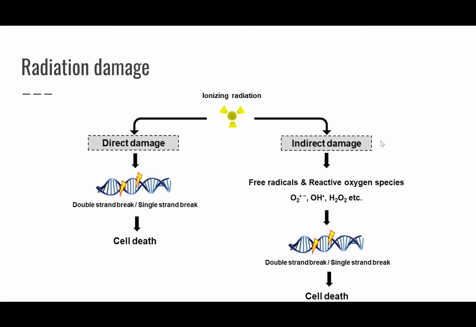Here's a specific example of radiation, right? And so the radiation can either directly damage the DNA by breaking those double strands, right? So here's our double helix. It can be broken. The bonds holding it together can be broken, okay? And then the cell may die, okay?